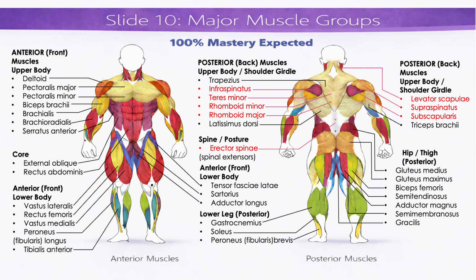Several muscles highlighted in red represent deep stabilizing muscles. These are deep hidden muscles, and include the following: supraspinatus, infraspinatus, teres minor, subscapularis, rhomboid major, rhomboid minor, levator scapulae, and erector spinae.